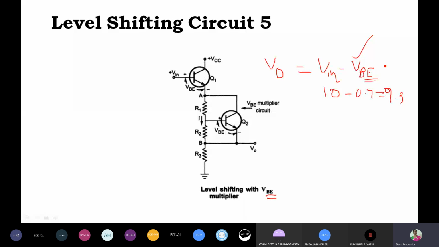So what we do is, if this VBE is made multiplied with some other factor, for example, with a factor 4, then what will happen? Output is equal to 10 minus 0.7 into 4, 2.8.